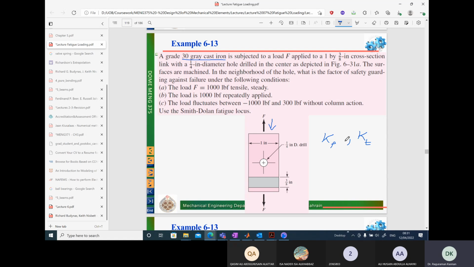Let's read what the factor of safety is. Case A: the load is a given number of pounds, tensile steady, so it is a static case. Case B: the load is 1000 pound force repeatedly applied, which means it varies from 0 to 1000 pounds, so this is cyclic.